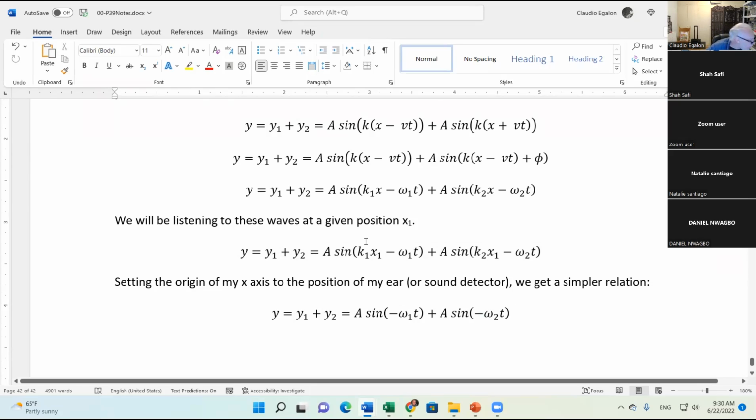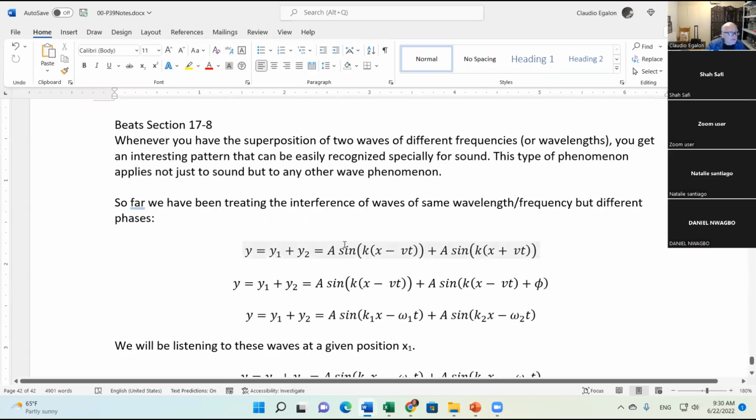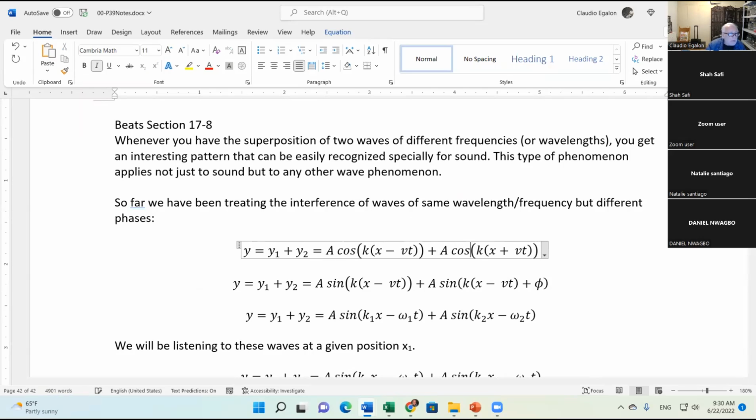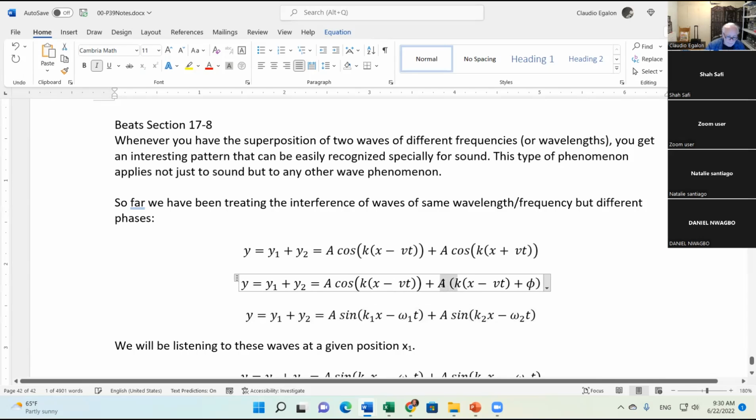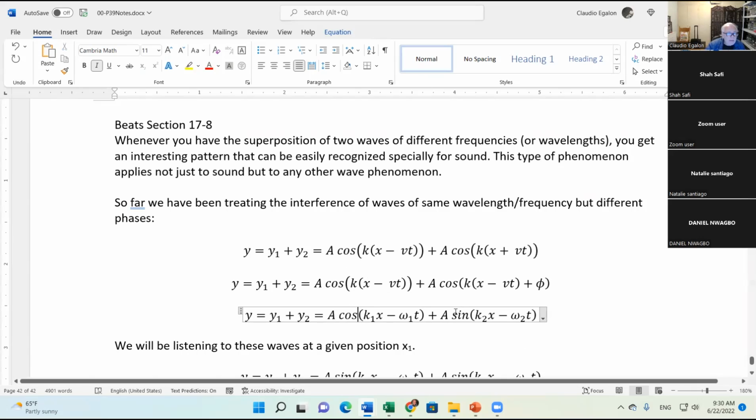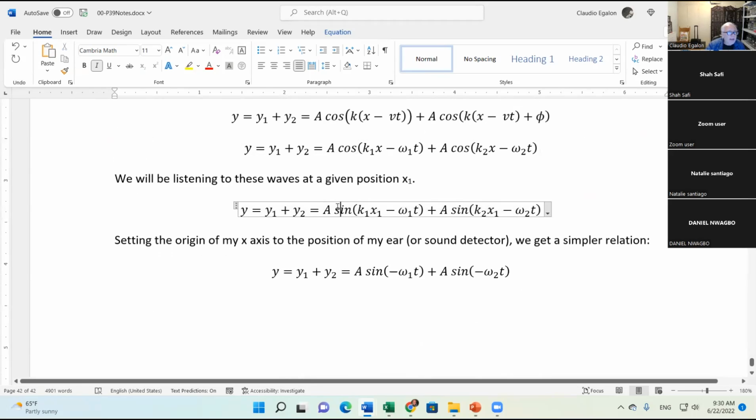I'm going to do according to the book. Instead of a sine wave, I'm going to put a cosine wave here, just to be consistent with the book, okay? Not just with the book, but with my notes as well. Those two waves, we are assuming that they have the same amplitude, okay?